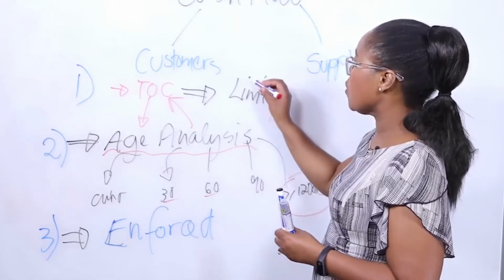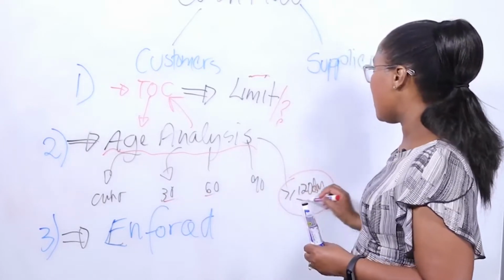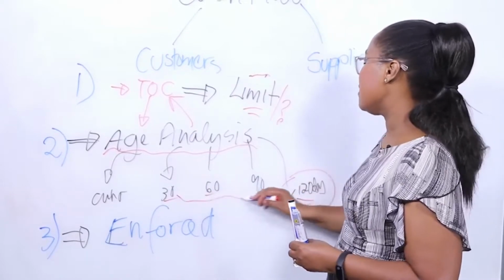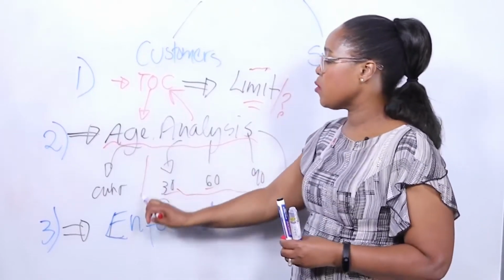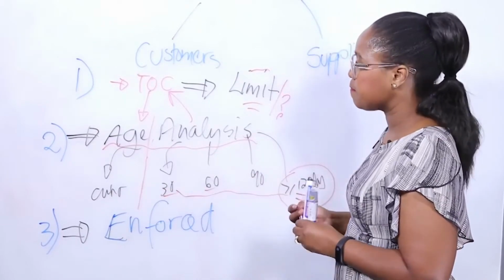So this is also important because as you review your age analysis, you should keep in mind the risk associated with keeping customers at this level, if maybe your books are saying that you're supposed to be paid on current or on 30 days.